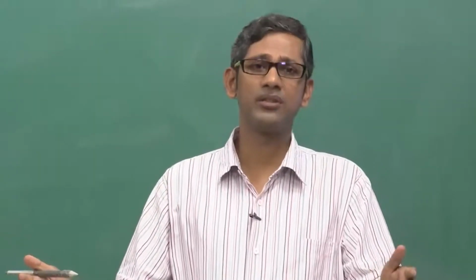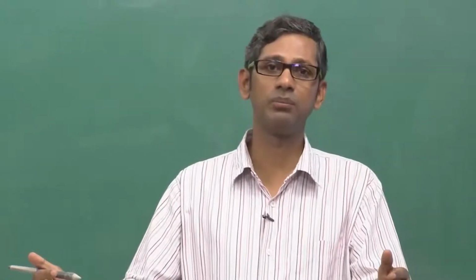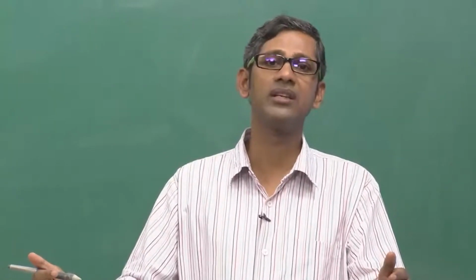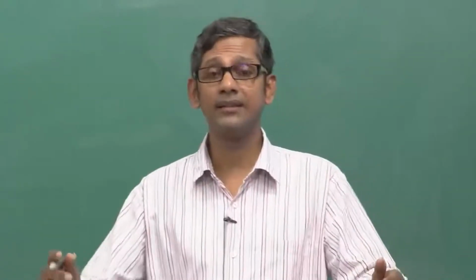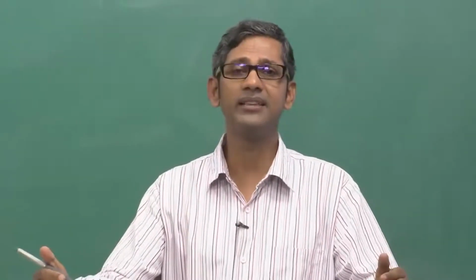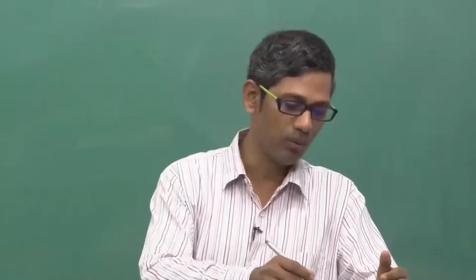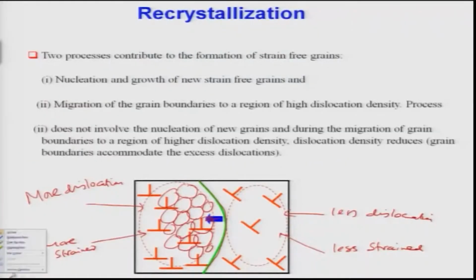Normally during liquid to solid transformations, or even many solid to solid transformations, nucleation of the product phase from the parent phase happens because of thermal fluctuations. But here it does not happen that way. The process which governs the nucleation of these strain free grains is basically the second one, the migration of the grain boundaries to the regions of high dislocation density.